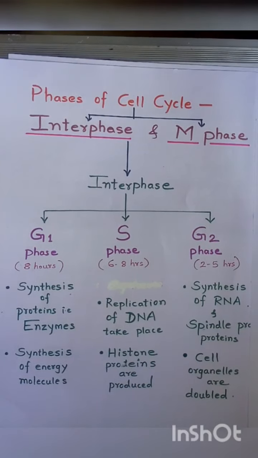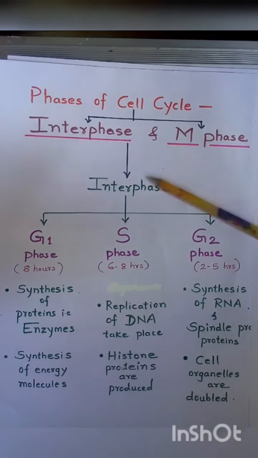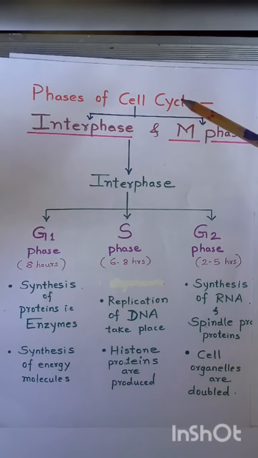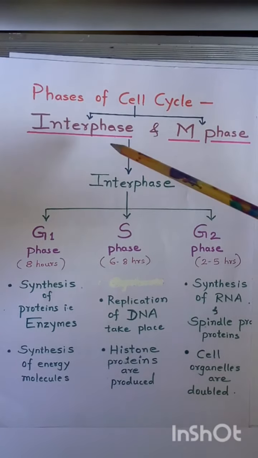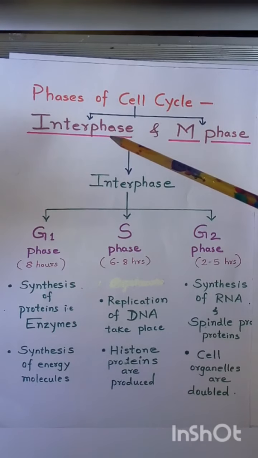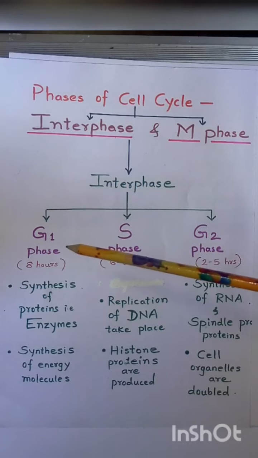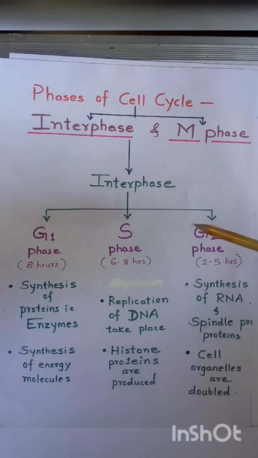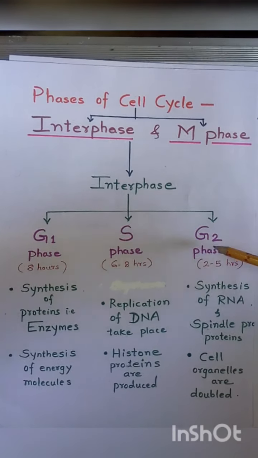These are, as we have seen just now, the phases of cell cycle. The cell cycle is mainly divided into interphase and M phase. Further, interphase is divided into three substages, that is G1 phase, S phase and G2 phase.